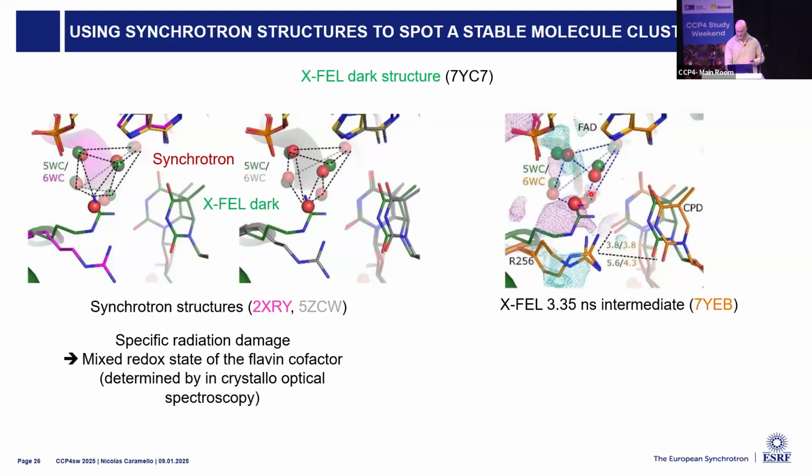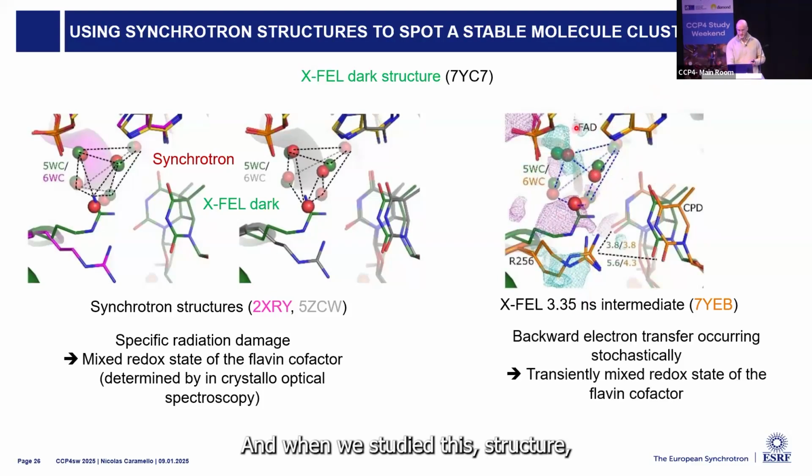red here. And when my collaborators studied these structures, they found out that this very likely corresponded to the back electron transfer step, which is happening stochastically, meaning that the redox cofactor here is in a mixed state. Some of it has been reduced again, and some of it has not been reduced yet.